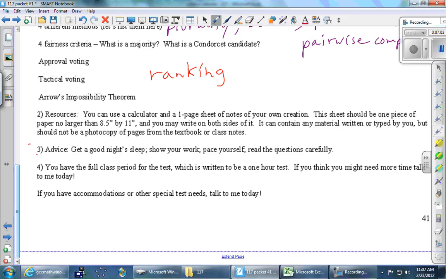So if time is an issue for you in terms of math tests, we have to make some alternate arrangements so that we're not put in that awkward position of either you deciding you're going to go to your class late or me deciding, I'm sorry, you can't leave and then come back. So talk to me after class. If you're concerned about that, maybe we can let you start a little bit early. But I am willing to stay a little bit late if people need time and they're able to stay late. Okay, let's see. And if you have accommodations or other special testing needs, talk to me today.